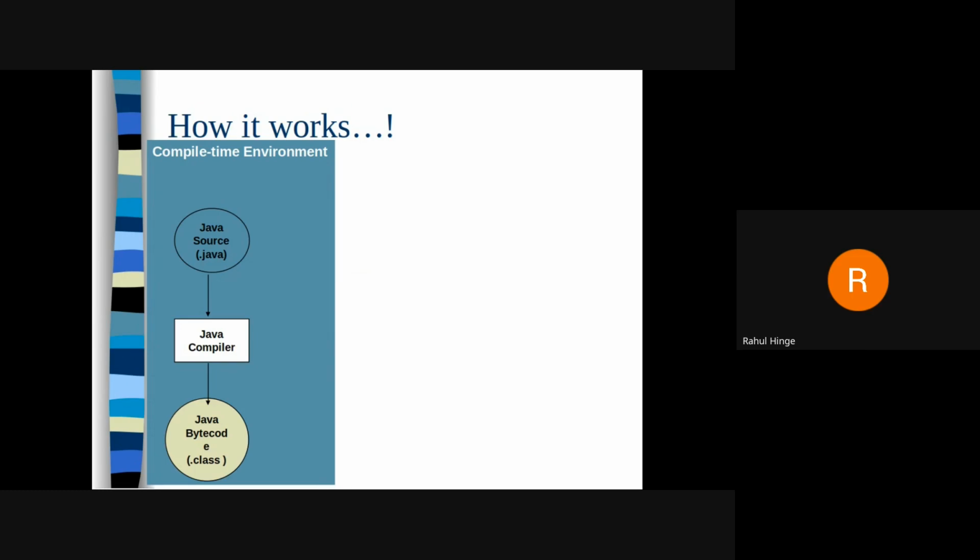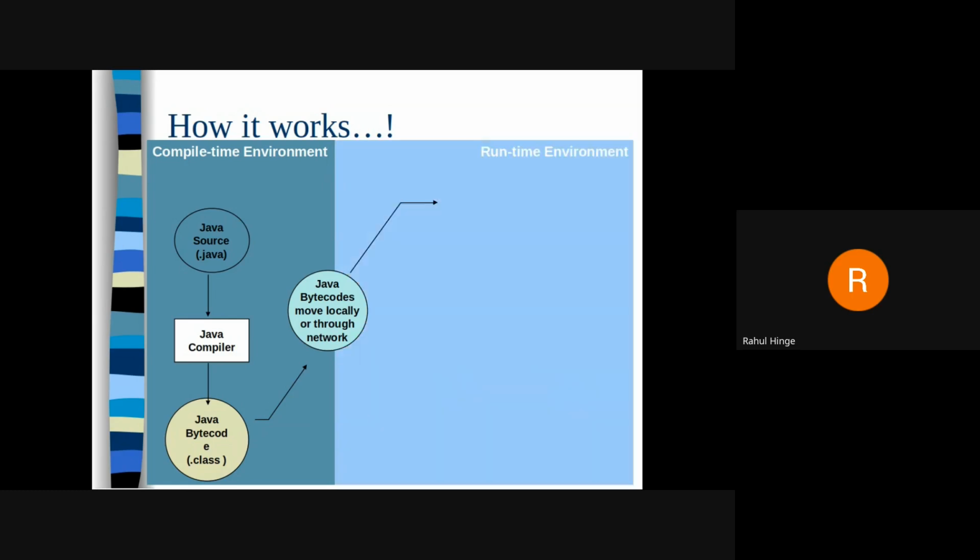Then we use the java command to send its bytecode to the instance. Bytecode can move either locally or through the network, means we can run this code either locally or in the network as well.